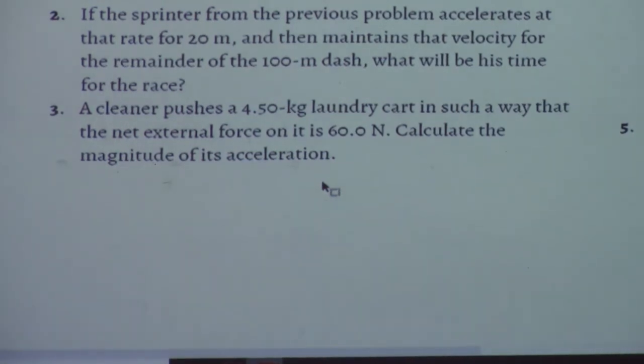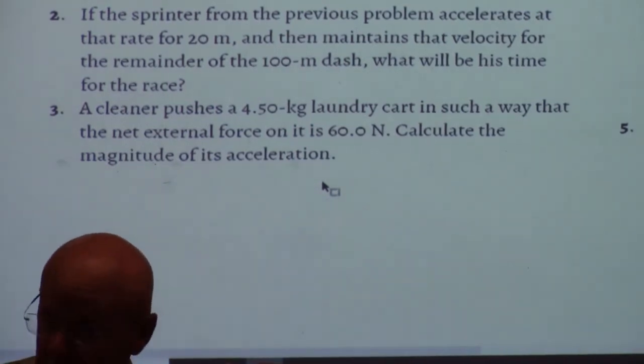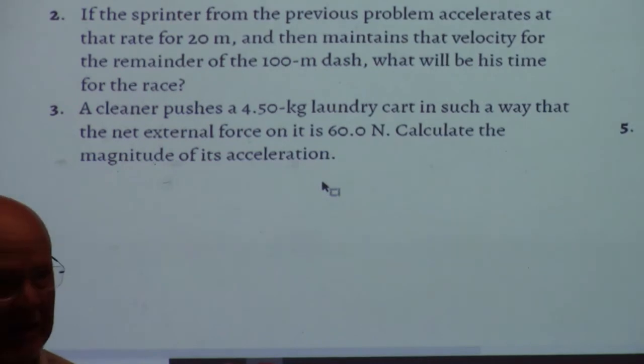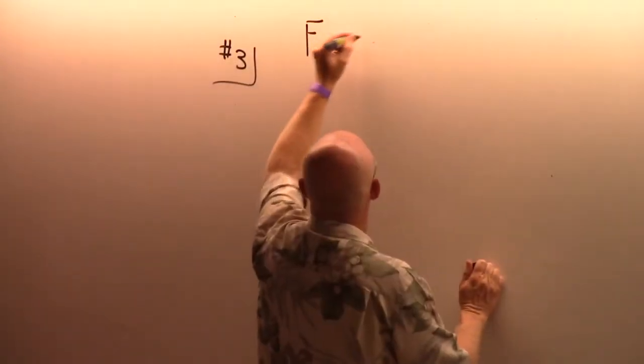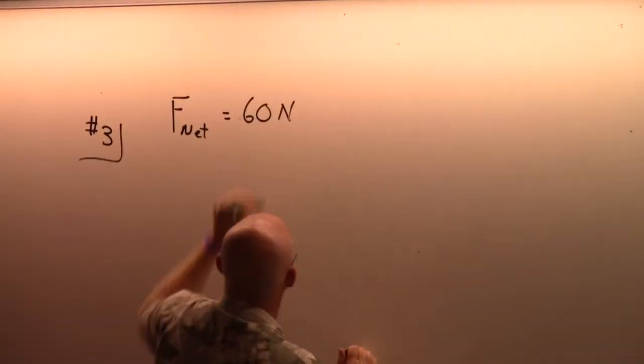So maybe I push with 65, but there's a friction of 5. Let's not get too deep. We don't really know. They just said net force. So this one's the easy one. They're starting us right here. And so we know the net force is 60 newtons.